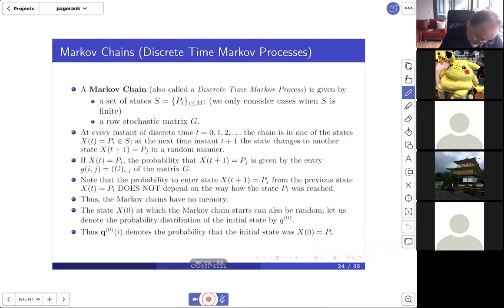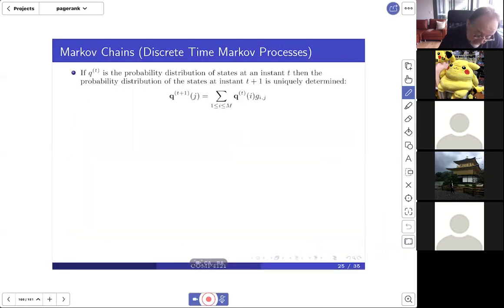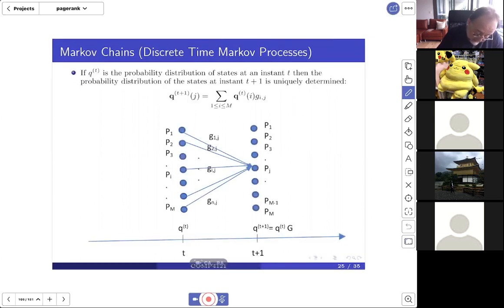Okay, so let us see. Let's now denote by Qt the probability distribution of states at an instant t. Then what is the probability distribution of states at instant t plus 1? Well, these are your choices for the states at instant t, and you know the probabilities to be at any of these states.